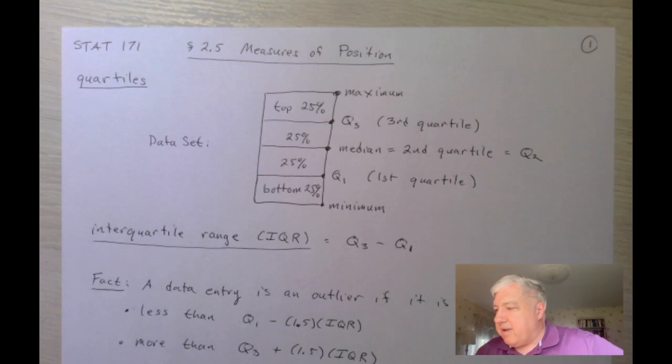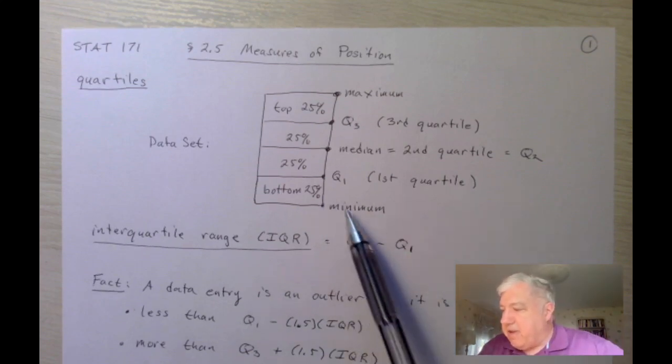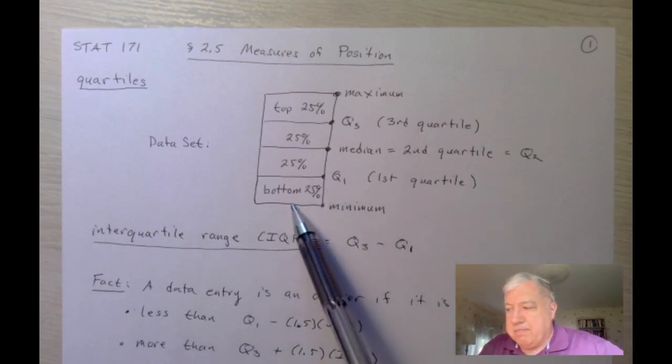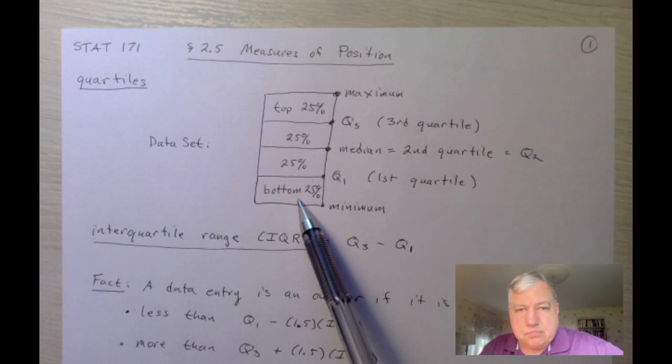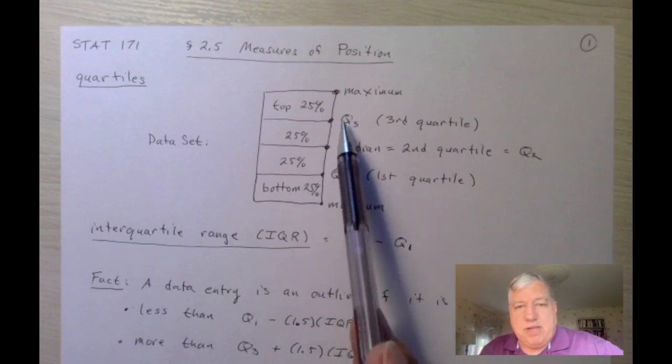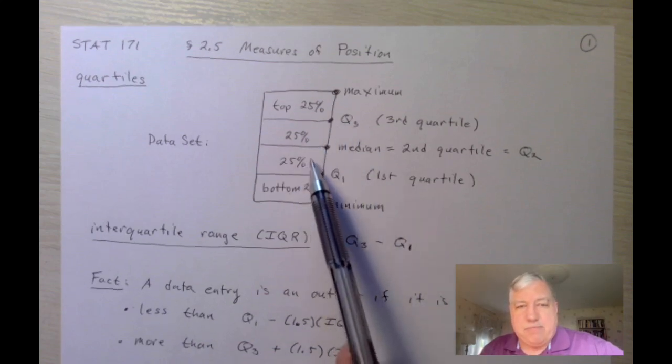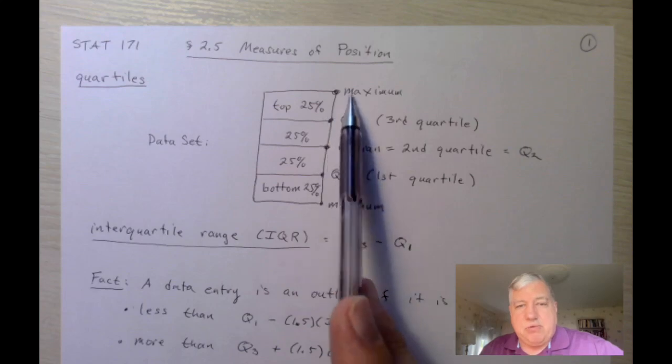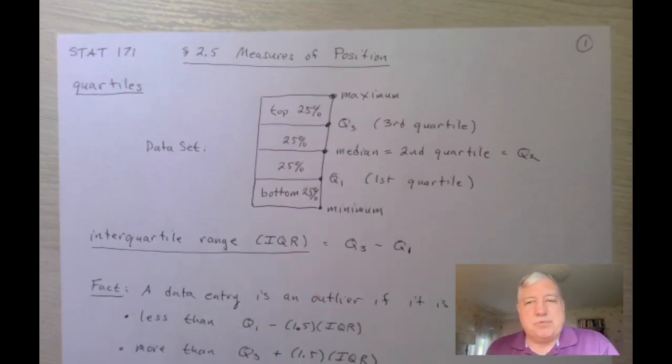So all the data entries between the minimum and Q1 are the bottom 25%. Between Q1 and the median is the second 25%. Between the median and Q3 is the next 25%, and between Q3 and the maximum is the top 25%.